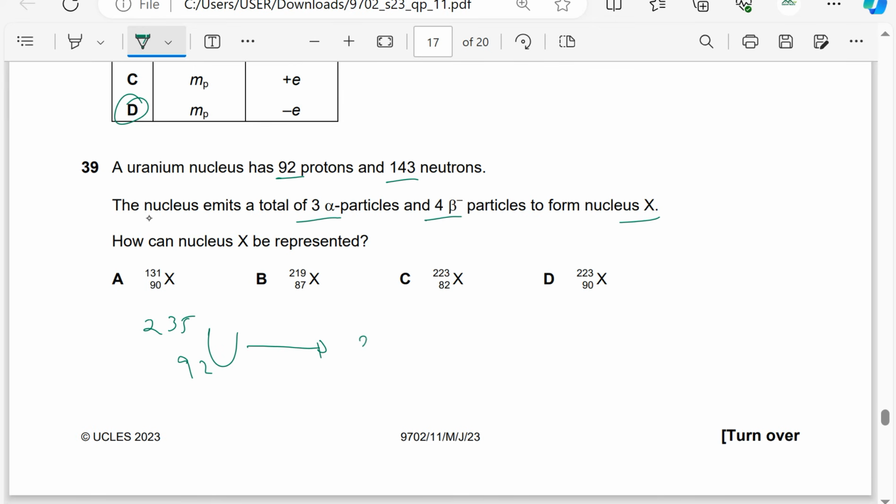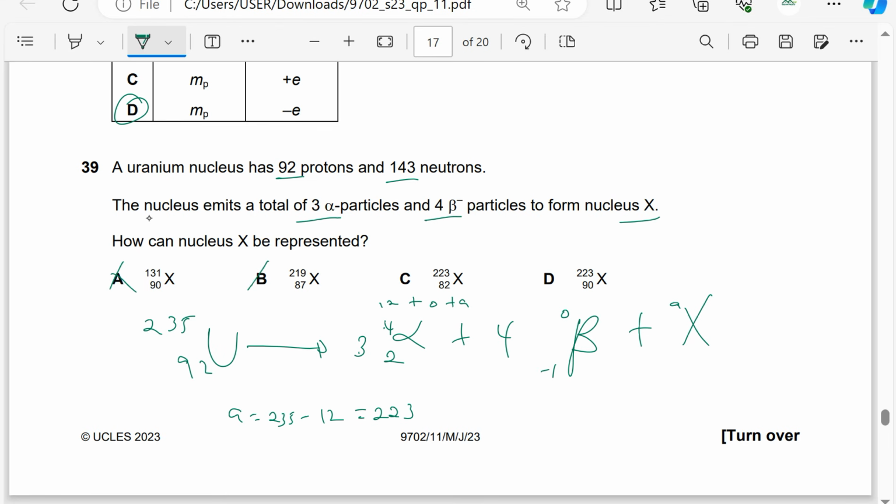This is giving us 3 alpha particles, 4,2, plus 4 beta minus, 0, minus 1, plus X. So nucleon number, this side we have 3 times 4, which is 12, plus 4 times 0, which is 0, plus, I'll call this one A. So 235 should be equal to 12 plus A, which means A is going to be 235 minus 12. And A is going to be 223. So A is wrong, B is wrong.